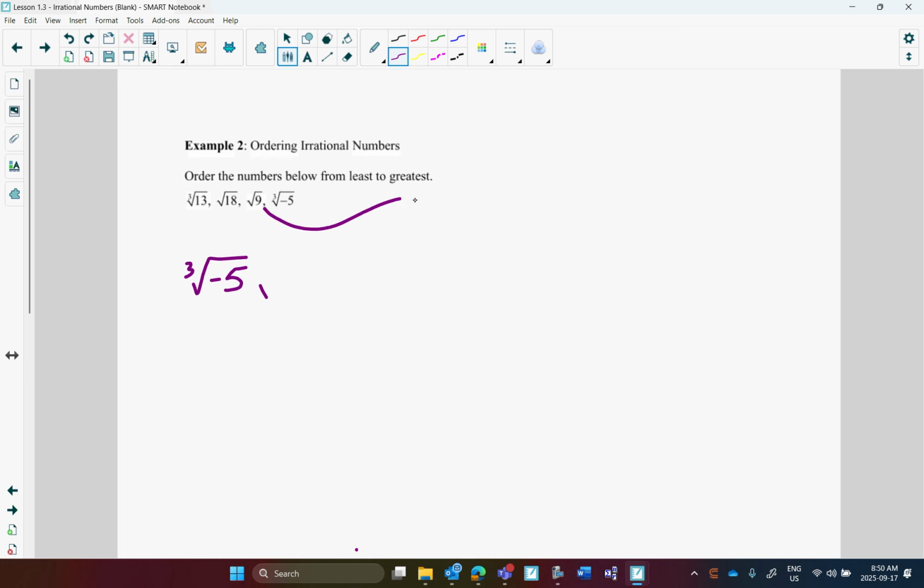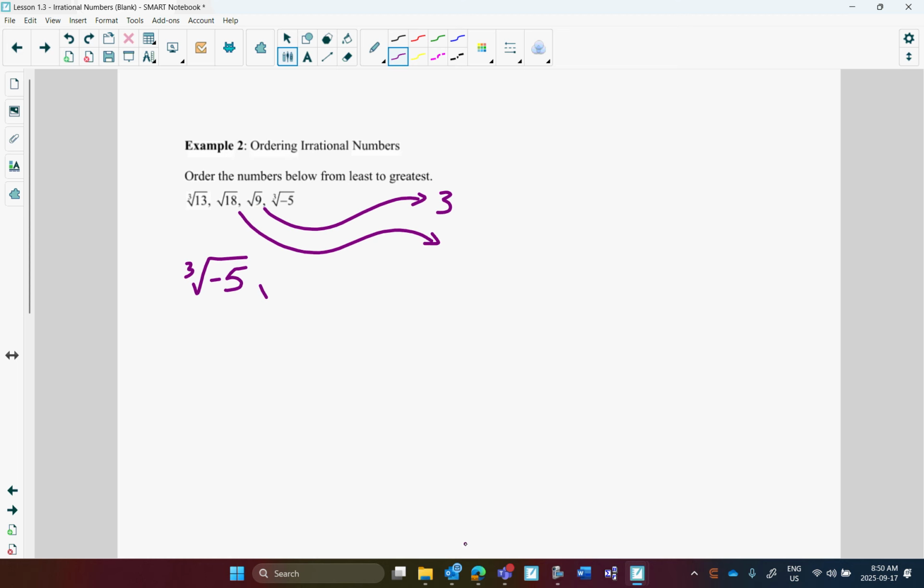Well, you can tell me what this one is. Square root of 9? 3. So we know that's 3. Remember last year we estimated square roots? Where would this square root of 18? What perfect square is close to 18? 16?